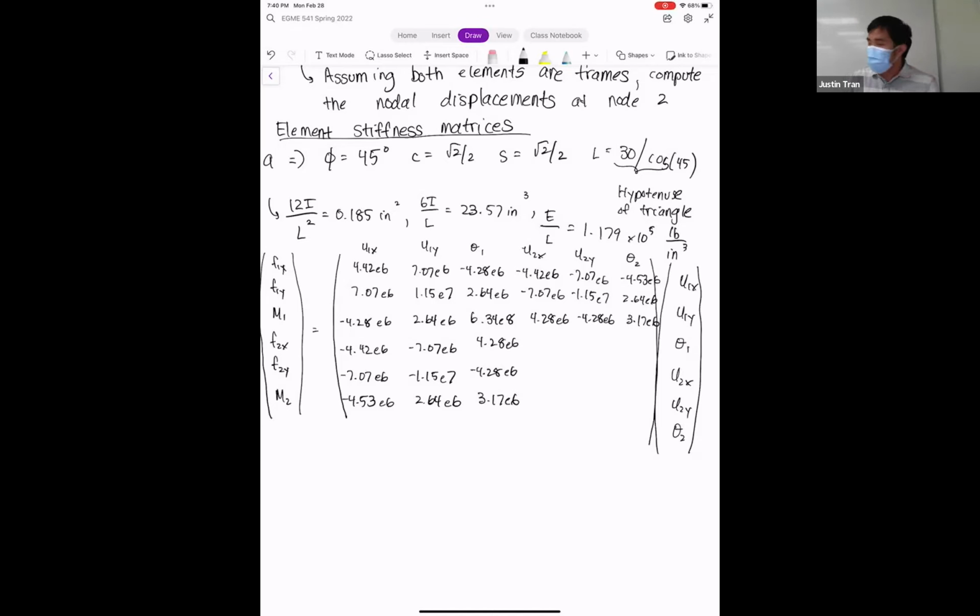Of course, all of this is detailed in the lecture notes. I know it's kind of a pain to write these down, so you can just go ahead and check there. But just for the sake of completeness, I will go ahead and finish writing this out.